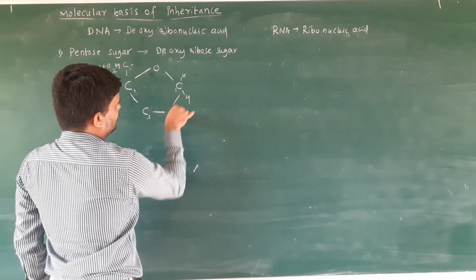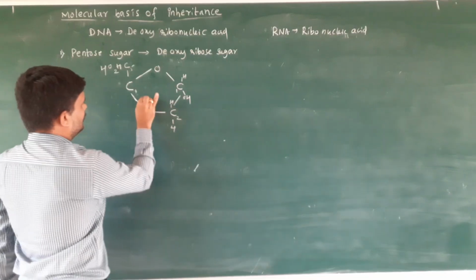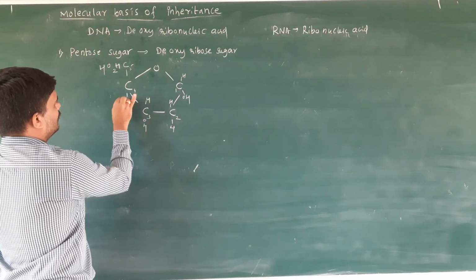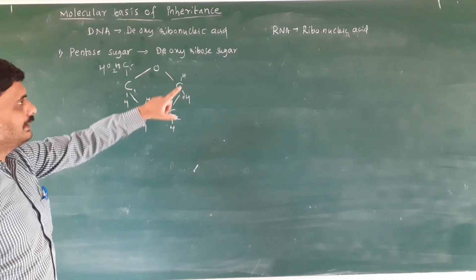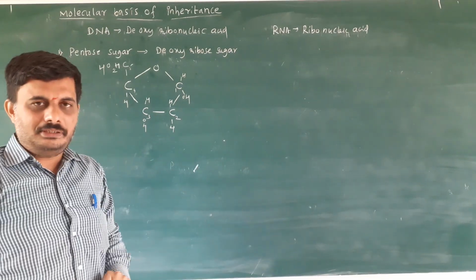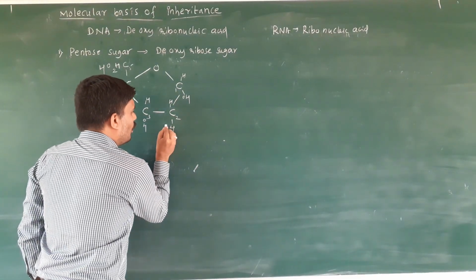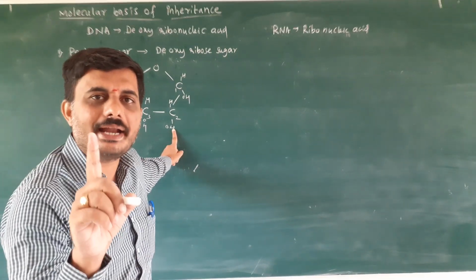In case of RNA, the ribose sugar is present, where it has the OH group at the second position.